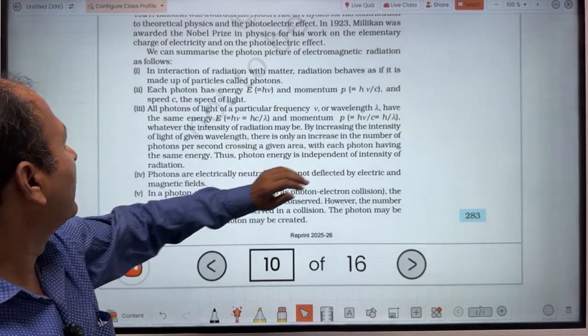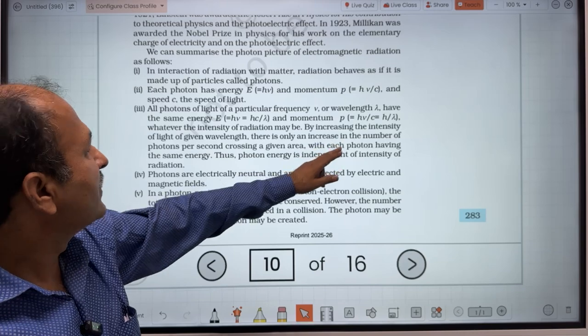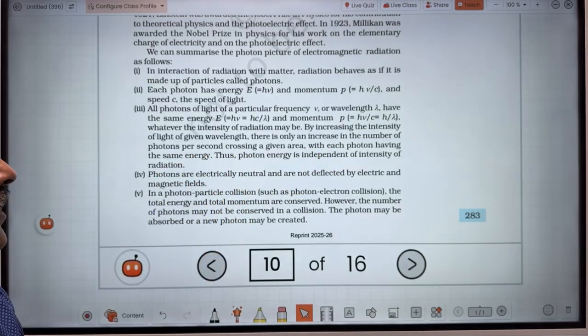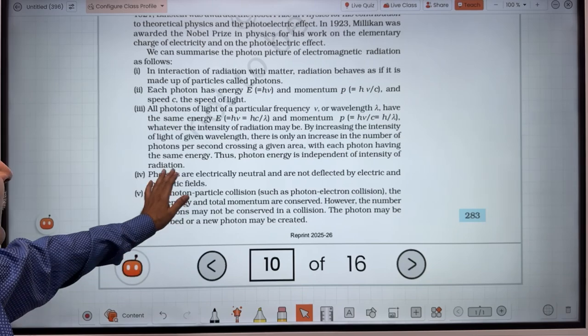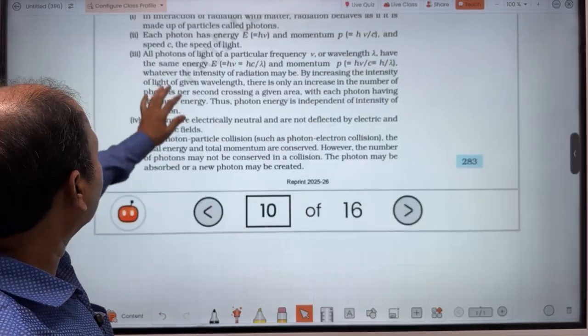By increasing the intensity of light of a given wavelength, there is only an increase in the number of photons per second crossing a given area, with each photon having the same energy. Thus, photon energy is independent of the intensity of radiation.